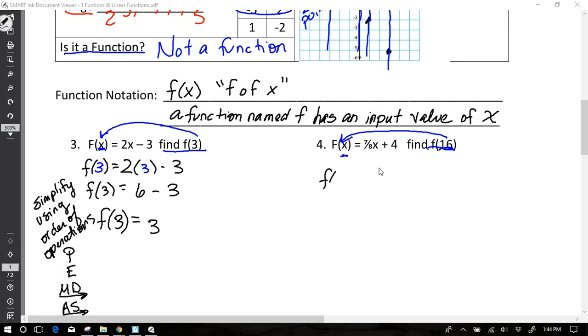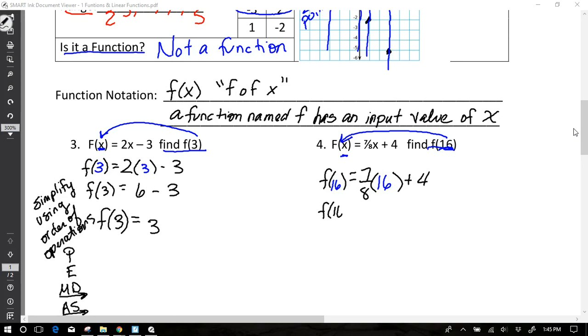So let's go ahead and do our f of parenthesis 7 over 8 parenthesis plus 4. I went ahead and rewrote that, and now I'm going to do my substitution. Instead of x, I'm going to have a 16. All right, and now we're ready to simplify.